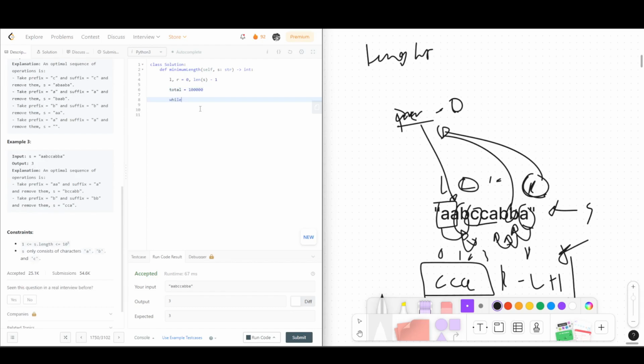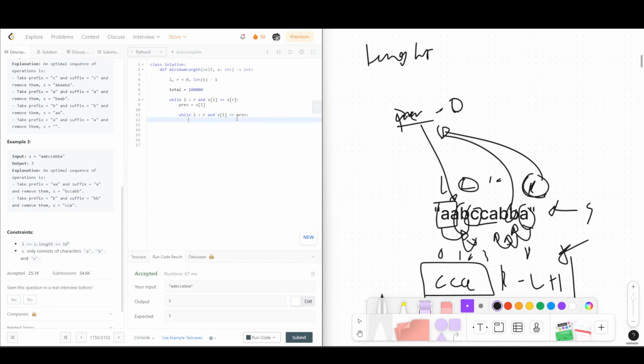What happens? We said while they don't intersect, and L is the same as the R, you want to store your previous value based on the initial value of L. And then let's say while L is less than R, so essentially while they're not intersecting, we want to move this backward based on the previous value.